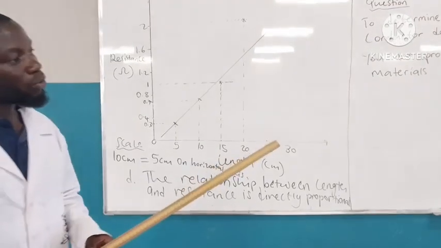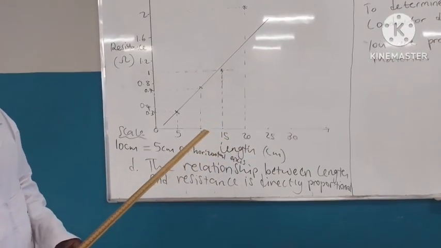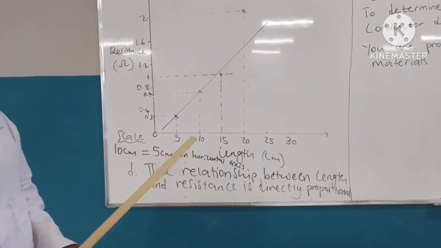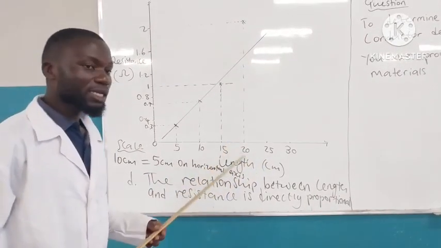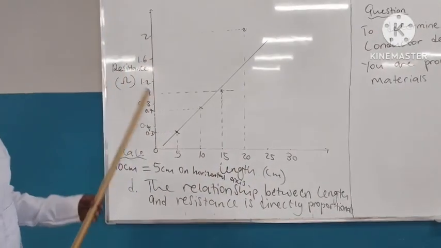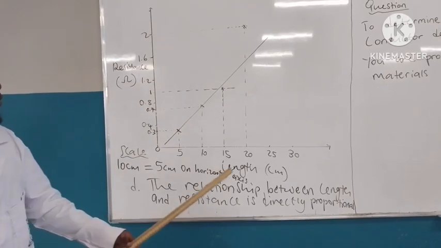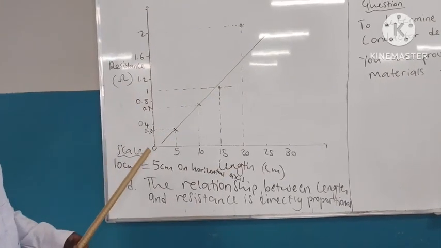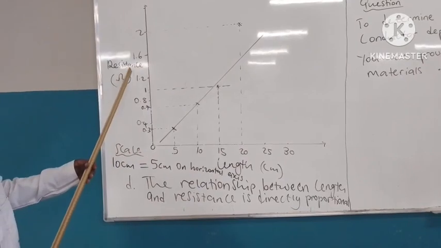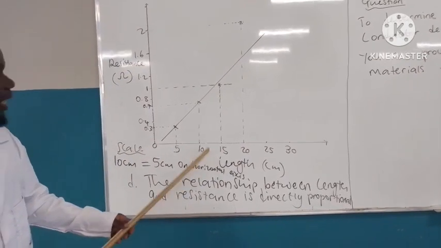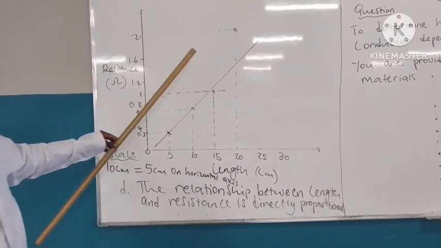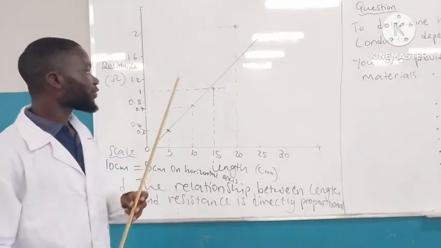To answer question D, which asks, what is the relationship between the length of the wire and resistance? The relationship will be obtained from the graph. We have plotted the graph of resistance against length, and the graph is giving us a straight line graph.